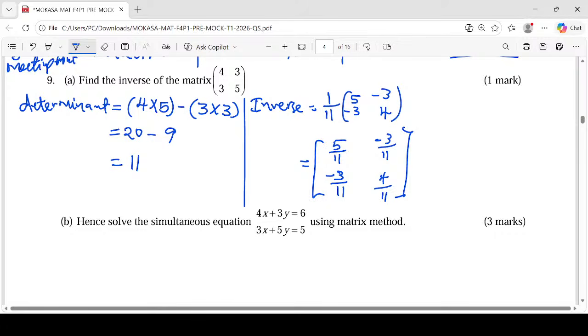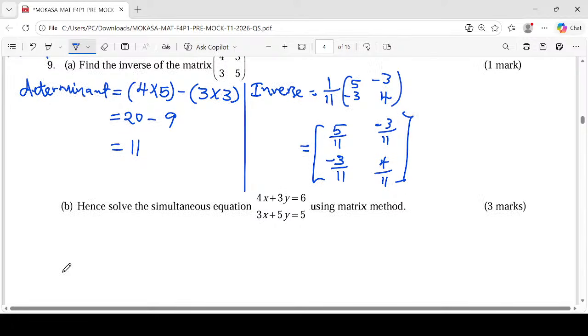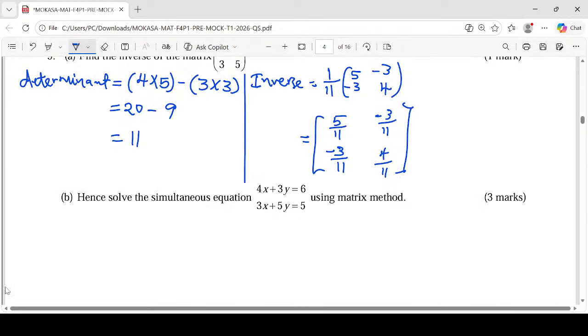At B of the very question, we are being told, hence, solve the simultaneous equations. When you are told to solve the simultaneous equations using the matrix method, it's very important. The equations are 4x plus 3y is equal to 6, and 3x plus 5y is equal to 5.